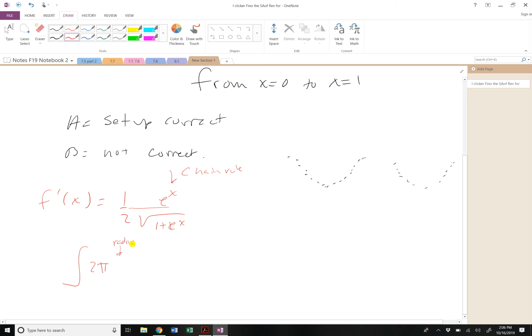Well, what's the radius in this case? Let me draw a picture. So this is our function, and I'm spinning it around like this. So the radius is going to be f of x, my function value.